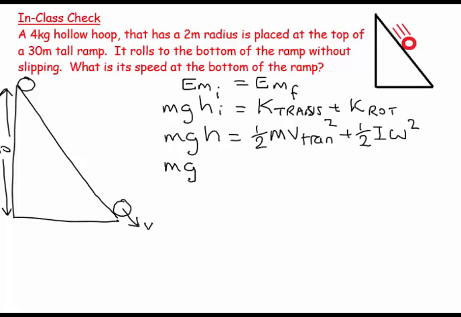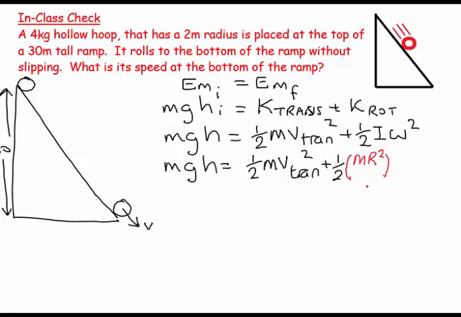So mgh is equal to 1/2 m v trans squared plus 1/2 I omega squared. Now, this is a hollow hoop, so its moment of inertia equals not 1/2 m r squared, but simply m r squared. Remember those, the moment of inertia for a solid cylinder, a hollow hoop, and a solid sphere.